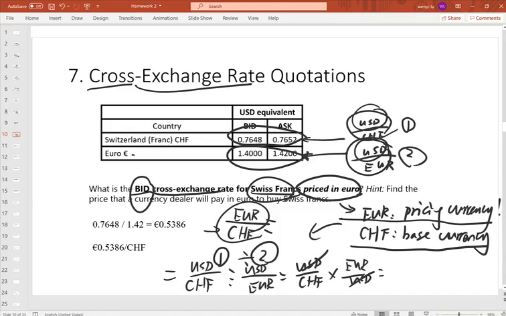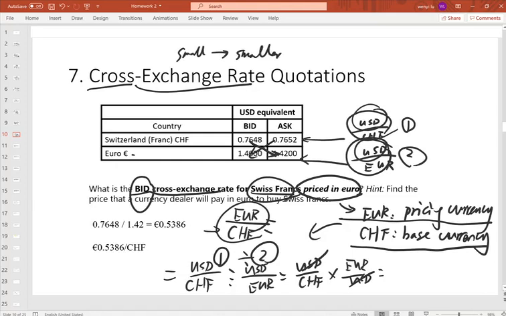And we know if we use division, we need to do the cross division. Why do we use division? Because we need to make the small become even smaller and the big become even bigger.